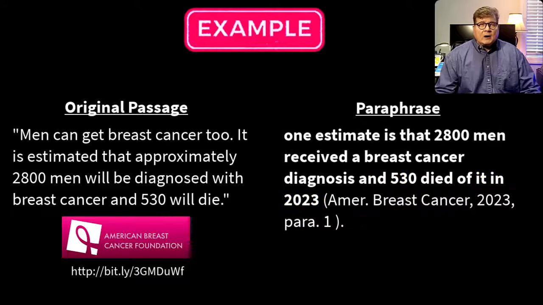Now note how that paraphrase repeats key numbers such as 2,800 and 530, as well as key words like men and breast cancer. These numbers and words are necessary for the paraphrase to be accurate. Yet, the original has been successfully rewritten in the student's own voice.